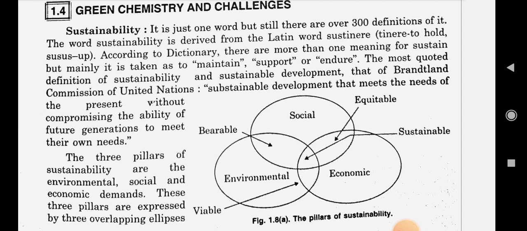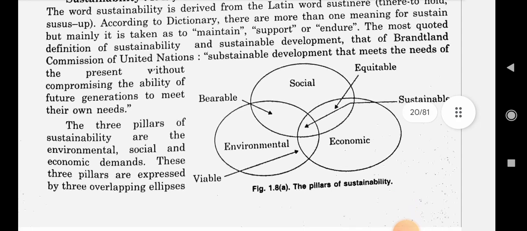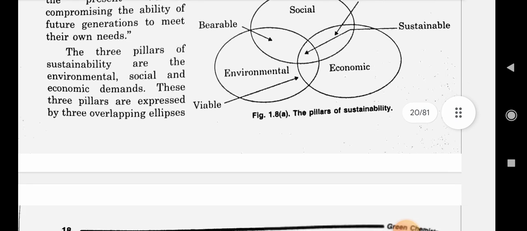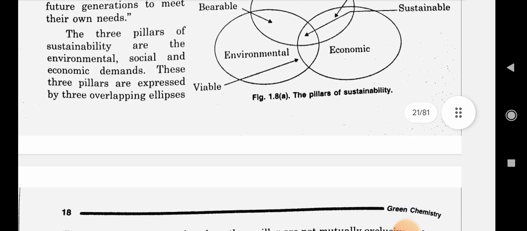The most quoted definition of sustainability is that of sustainable development, the Brundtland Commission definition of the United Nations: sustainable development that meets the needs of the present without compromising the ability of future generations to meet their own needs.